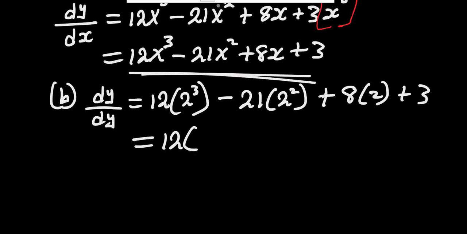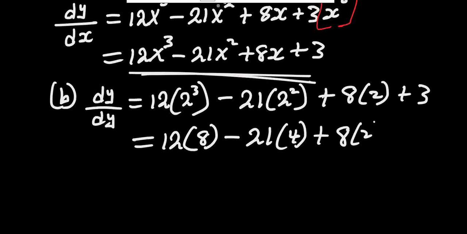And this will be equals to 12. So 2 to the third power is 8 minus 21 times 4 plus 8 times 2 plus 3. And this is equals to 8 times 12 is 96. And 4 times 21 is 84.